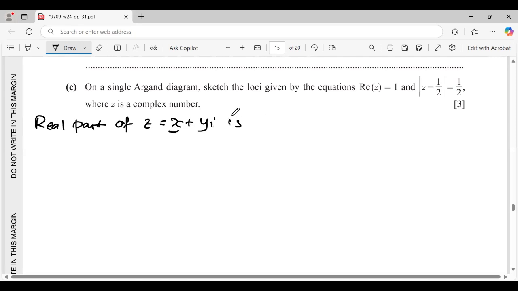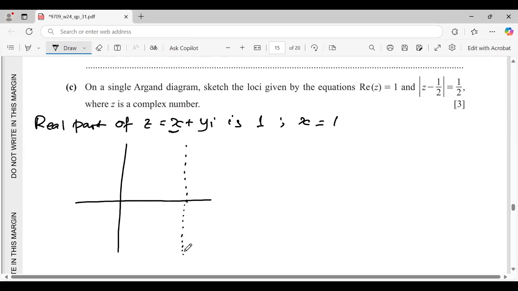So it is the vertical line through x equal 1. So if you sketch the vertical line, this is 1 here. This is the vertical line through x equal 1.